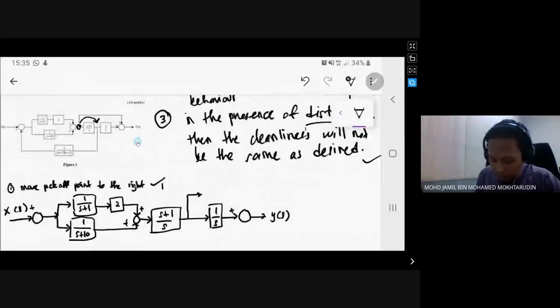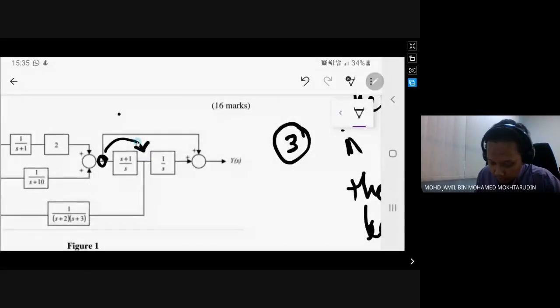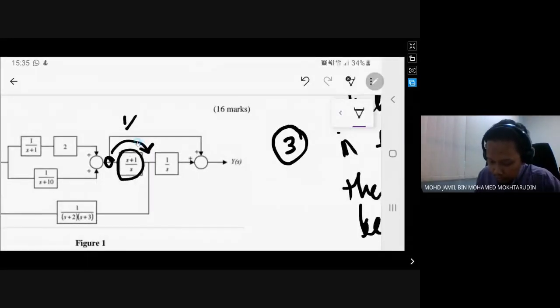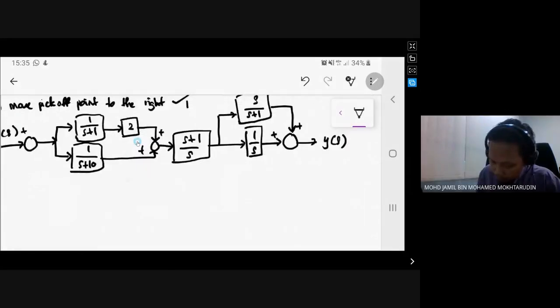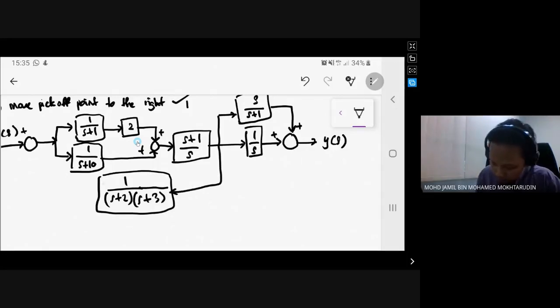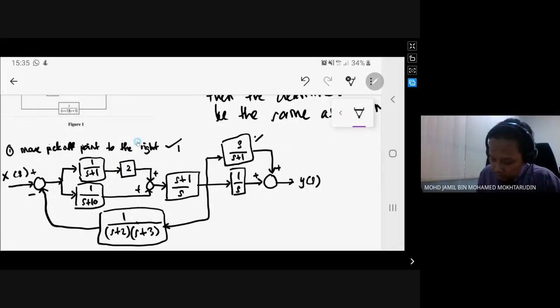Basically, you calculate 1 divided by this, so it will become s over s plus 1. If you show this calculation here, you get 2 marks.